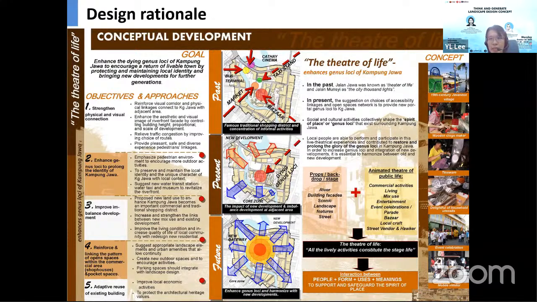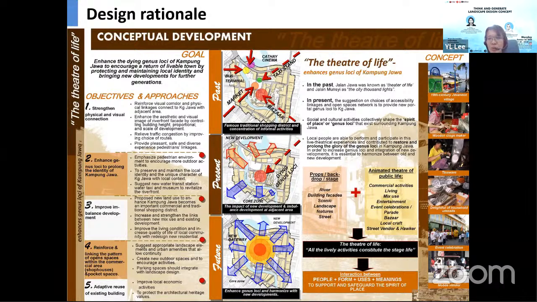So when I write the concept, all of the site activities that we found at the site, like the local people who have very good practice in tinware, doing some handicraft, we put them as the props to our design.